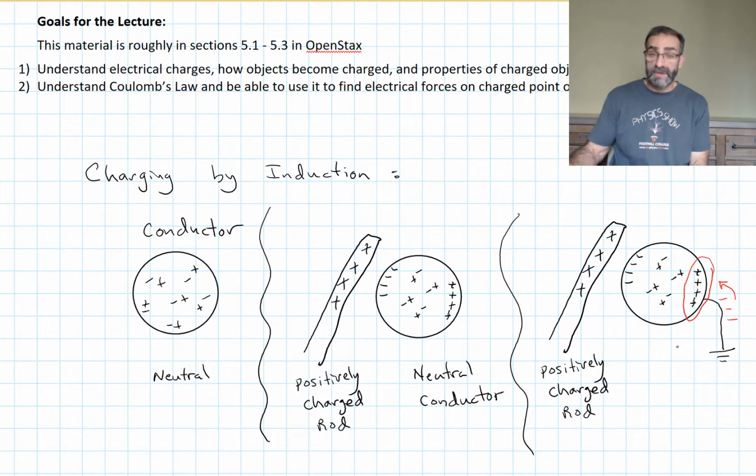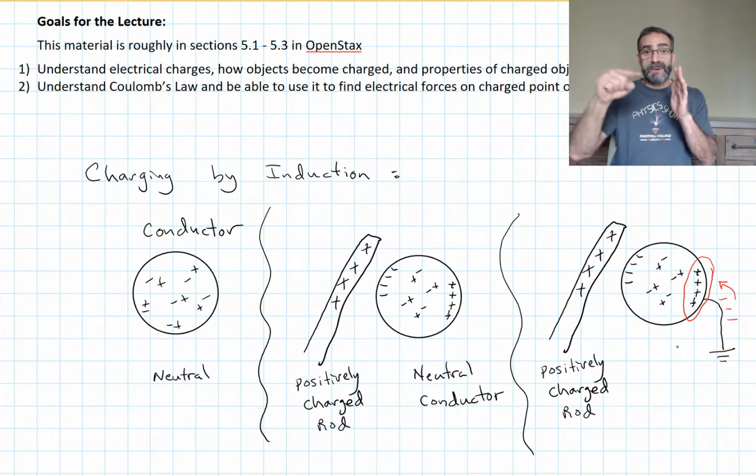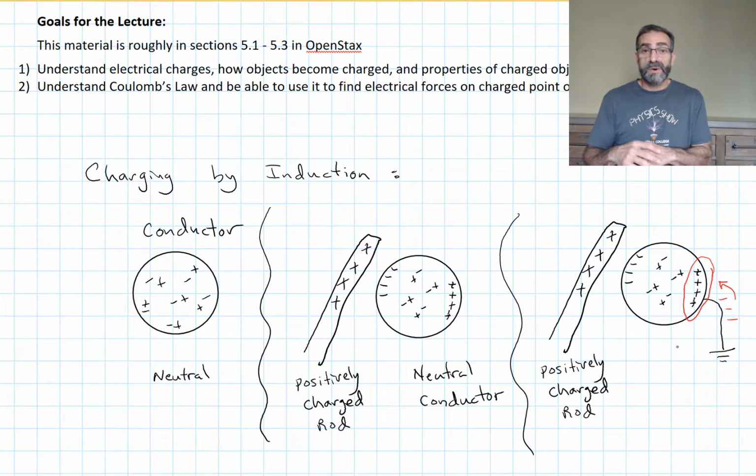If you want to think about it as positive charges moving, the positive charges were repelled by the positively charged rod, so they went as far away as they could get. And when we grounded it, they could go even farther away, so they do. They leave the sphere. Of course, it's the electrons that are attracted to this positive rod next to the sphere. They attract the excess electrons up.